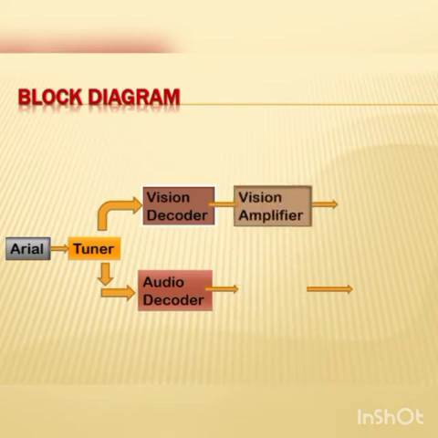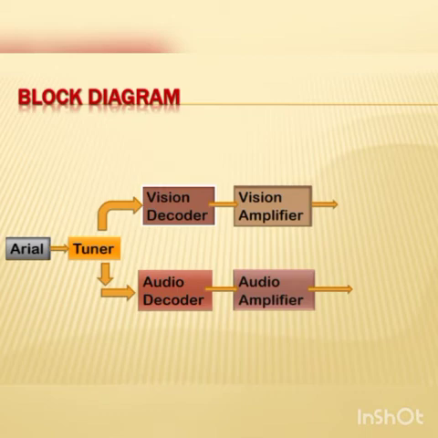Now the signals move towards the vision amplifier and audio amplifier. What is the function of the vision amplifier and audio amplifier? They convert the small voltage of these signals to a higher voltage with the help of electric supply.